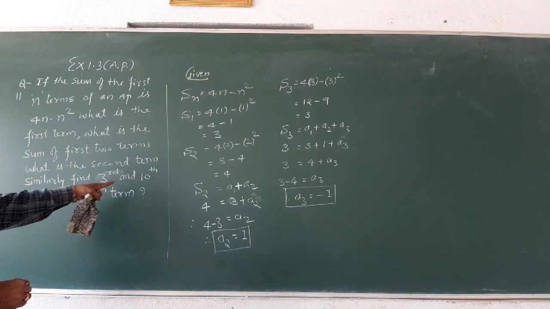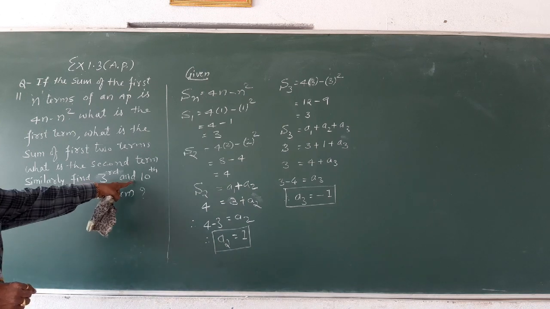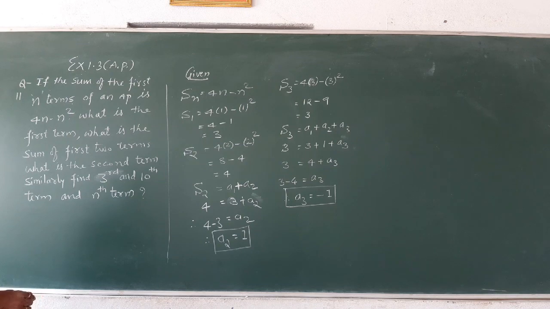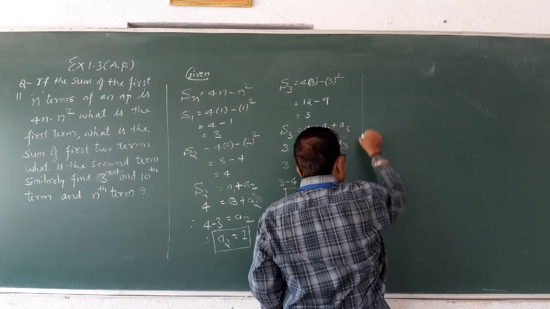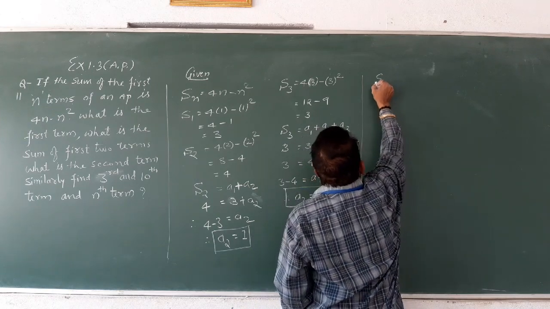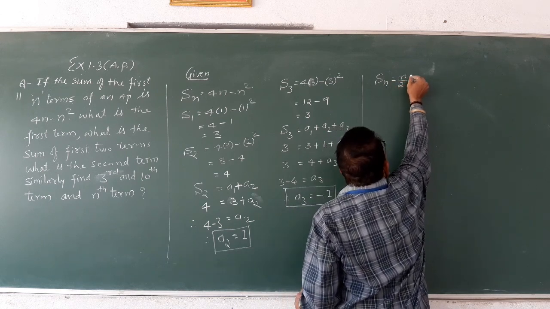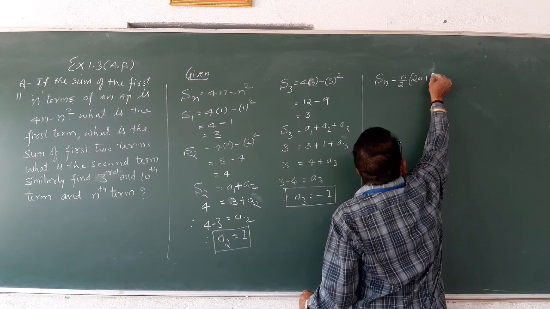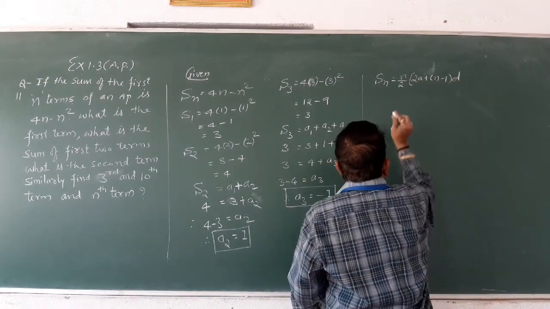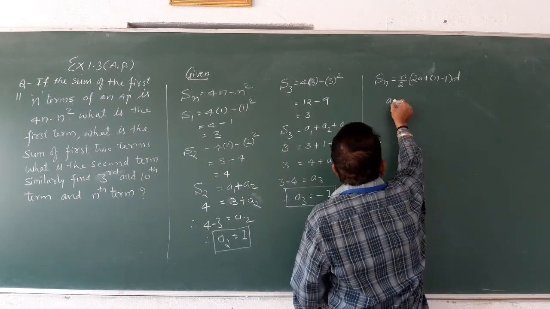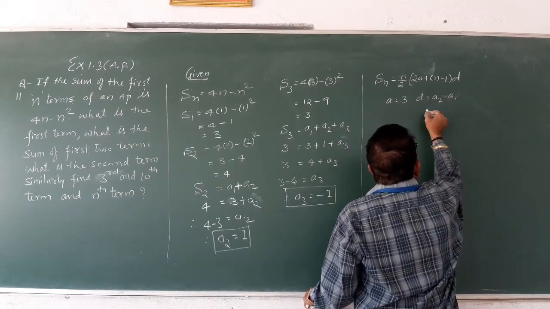Then we need to find the 10th term and the nth term. Third term and 10th term. Here we can find d equals A2 minus A1.